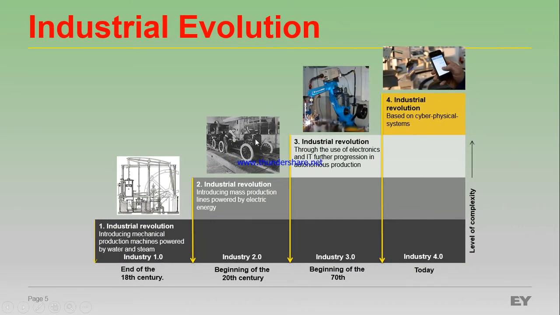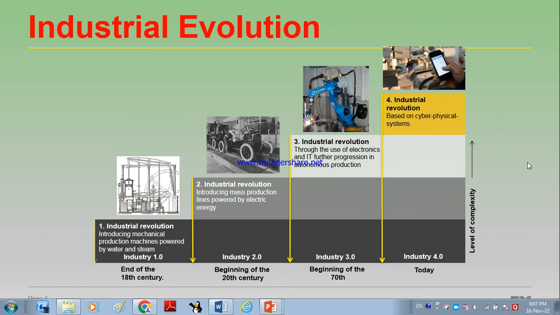This is the industrial evolution that we can see here, and that is Industry 1.0. It is basically mechanical production machinery powered by water and steam. Even the steam engine is one example of Industry 1.0, where machine and mechanism were integrated to take some specific work.